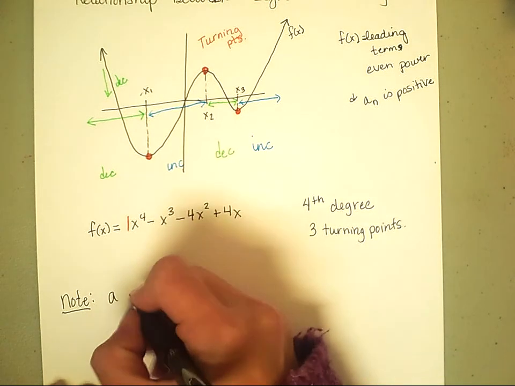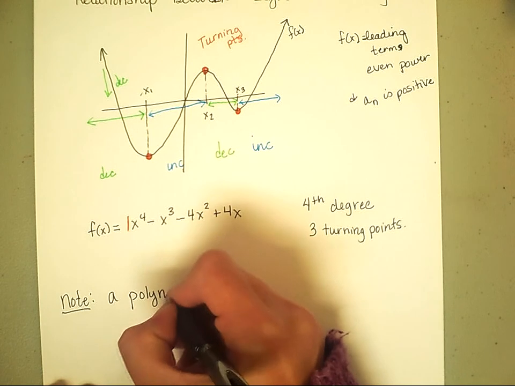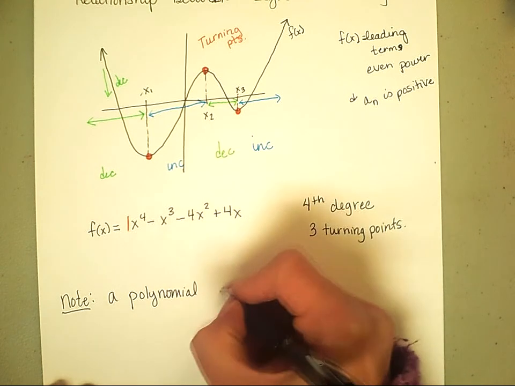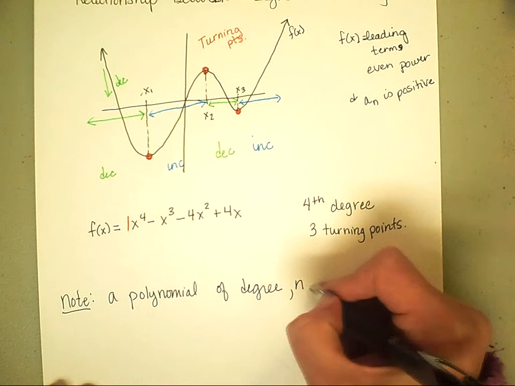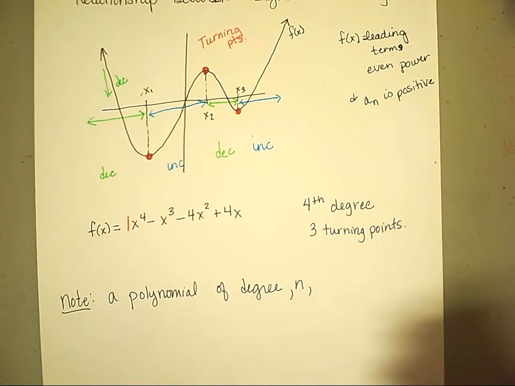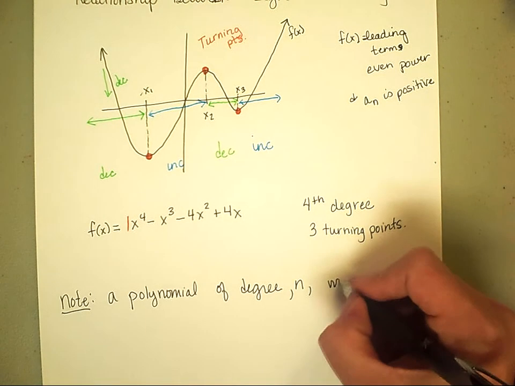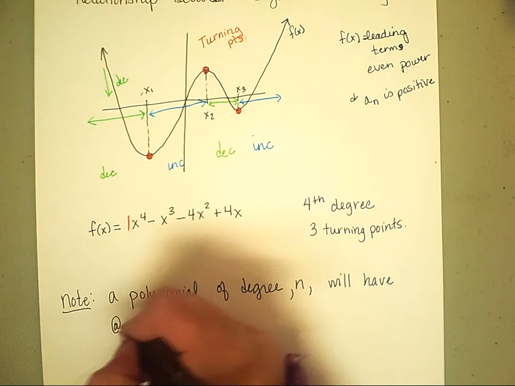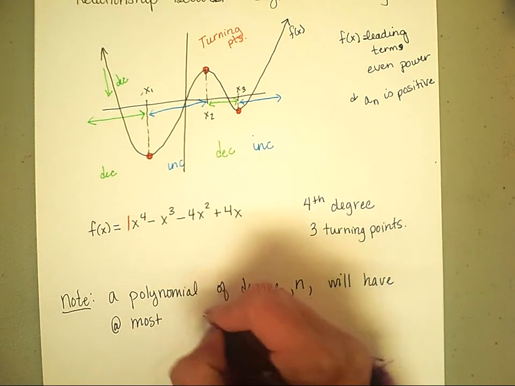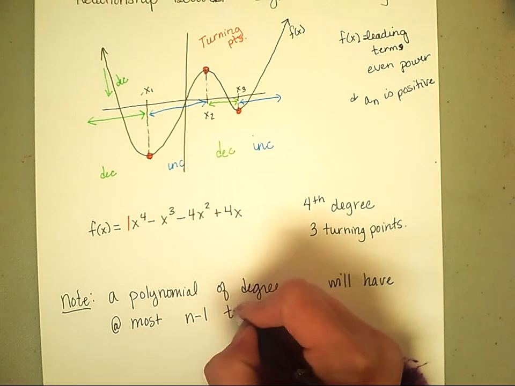So we'll note that a polynomial of degree n, so you get to pick the degree, will have at most n minus 1 turning points.